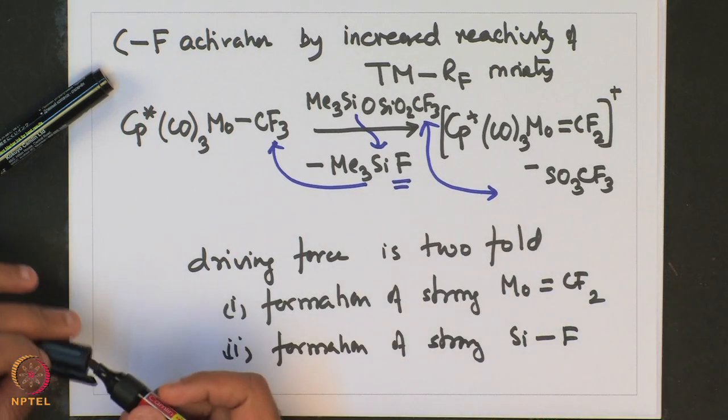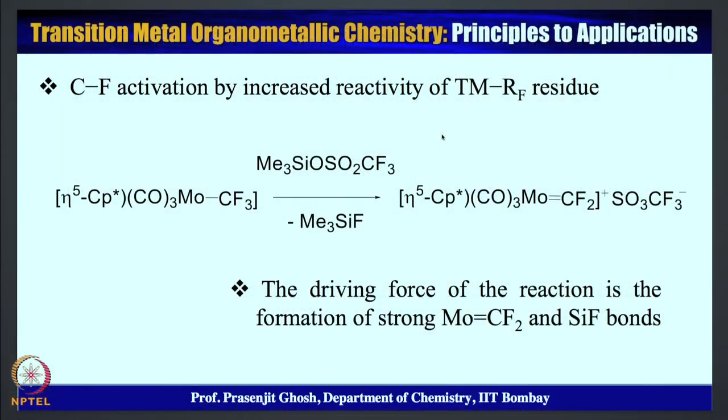So, with this I would like to review what we have discussed in today's lecture. We have looked into various synthetic protocols available for preparing transition metal perfluoroalkyl complexes, which mainly include oxidative addition reactions and oxidative cyclization reactions.